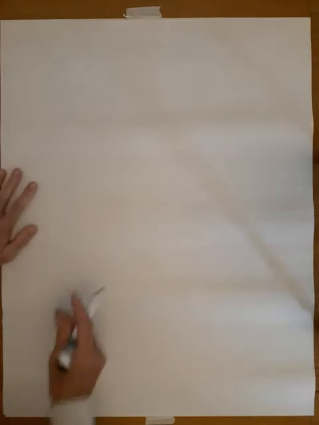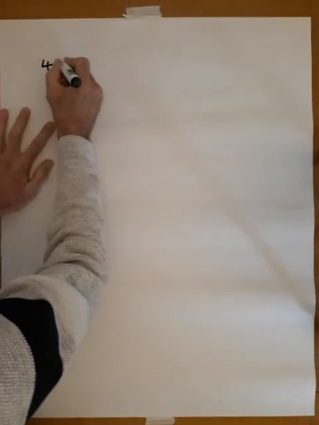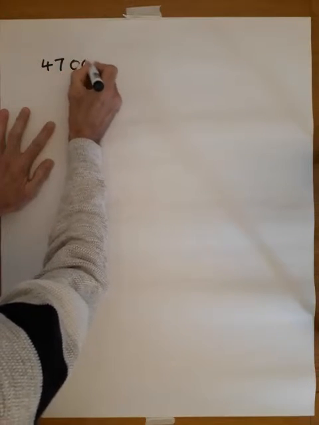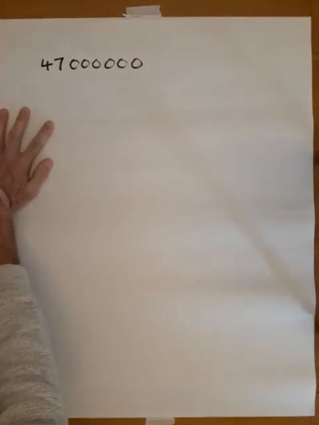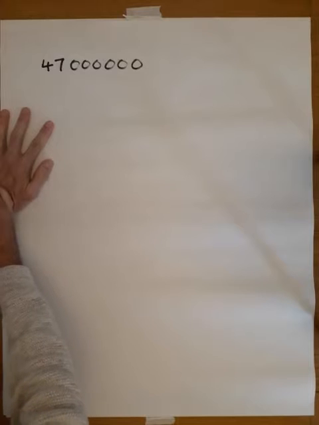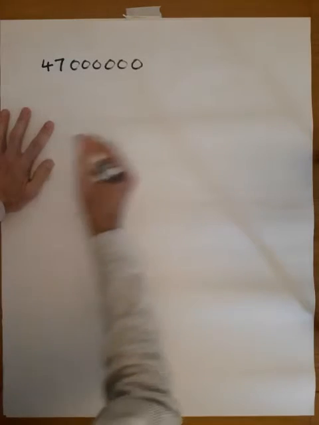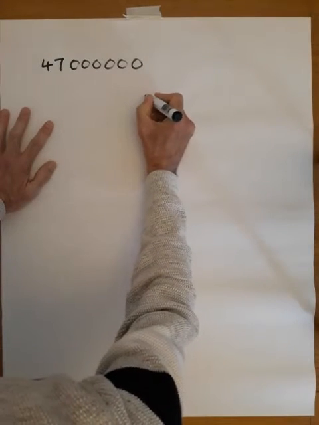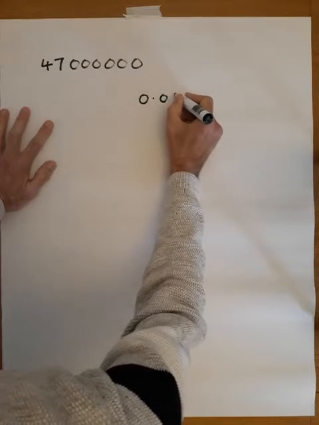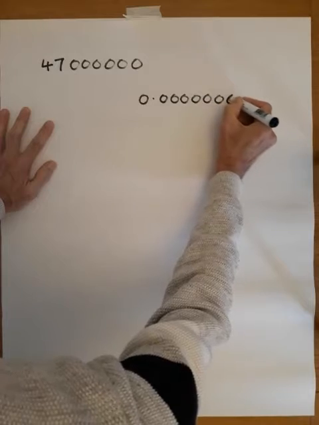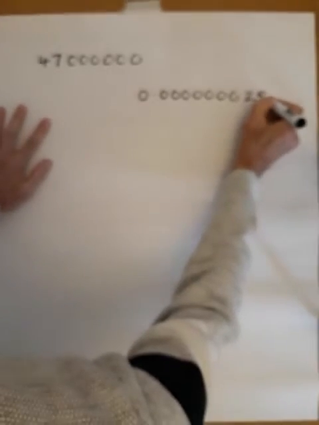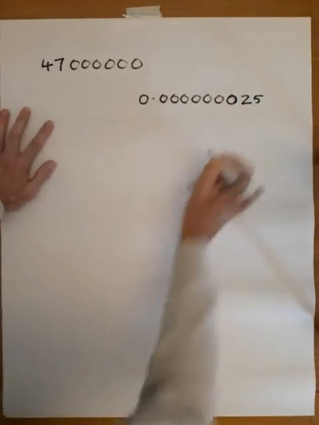So let's suppose we have a very large number, or a very small number. Let's say something like that.